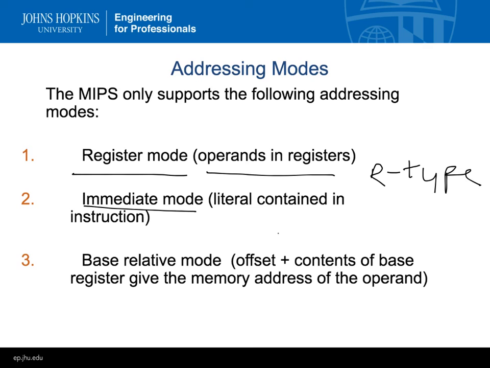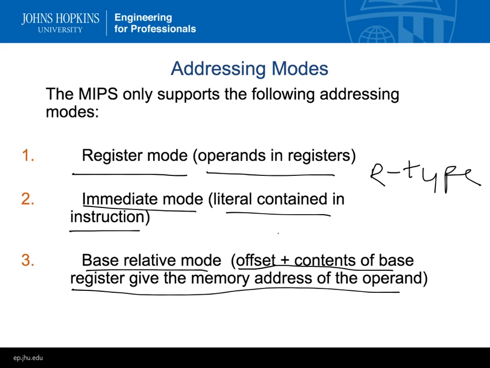Immediate mode is where there's a literal in the instruction that we use. Base relative, we take the contents of the base register and an offset to give the memory address. So that would be, we're going to go over that a little more, a load word.